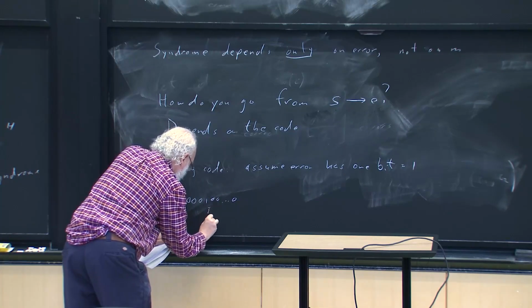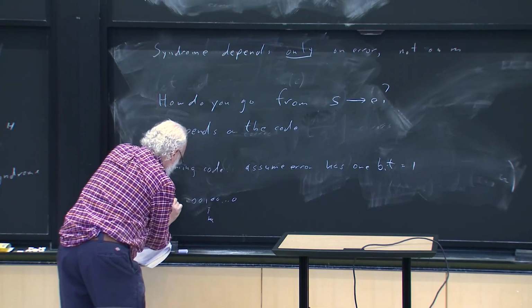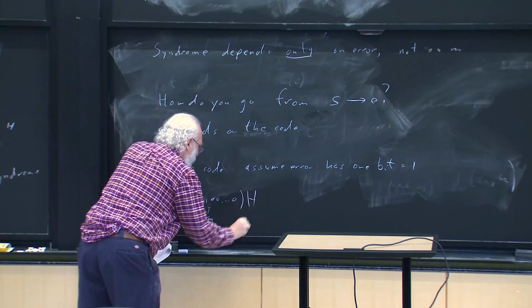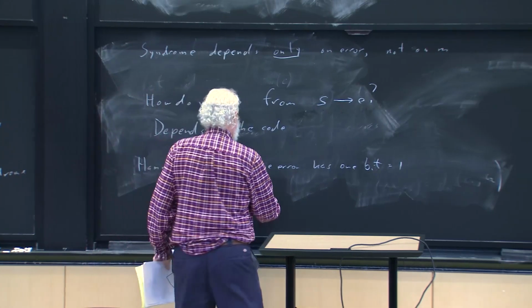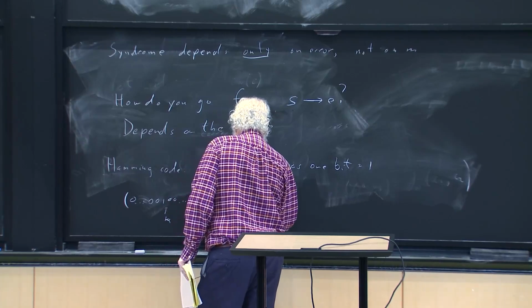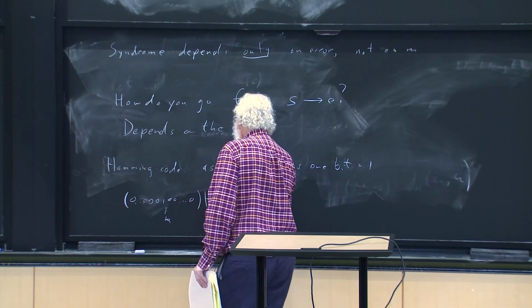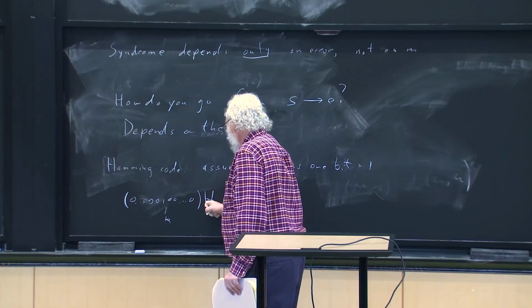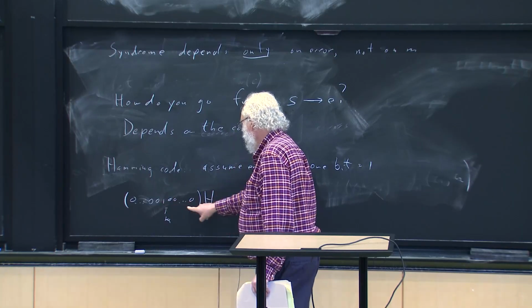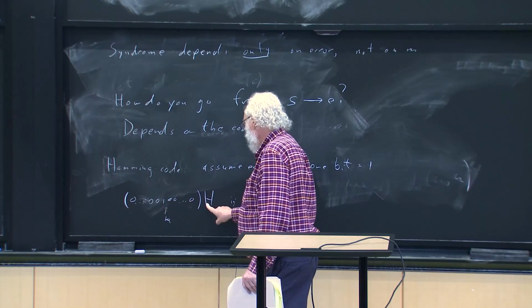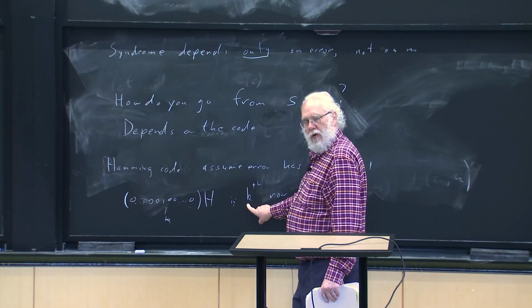Let's make this the kth bit times the parity check matrix. So if you have a vector with a 1 in one position and you multiply it by the matrix, you just get the kth row of the matrix.